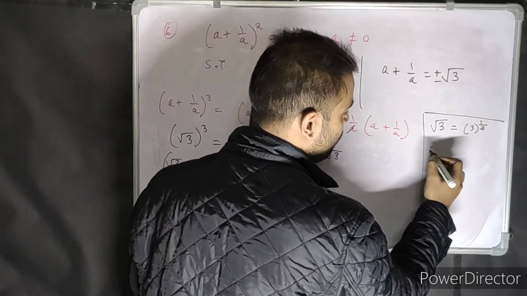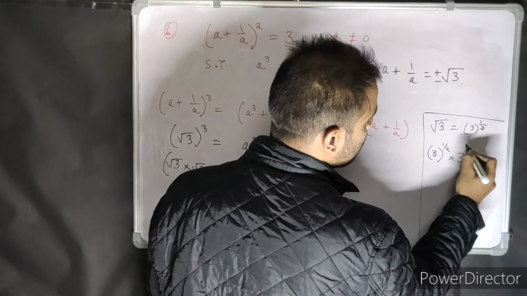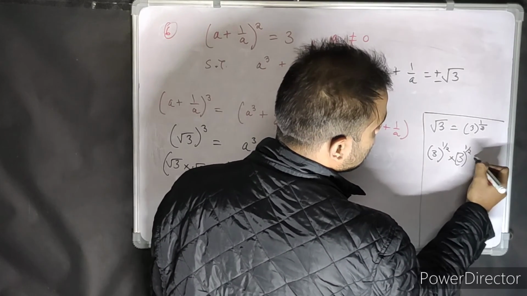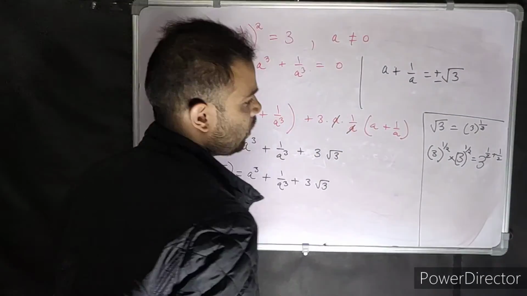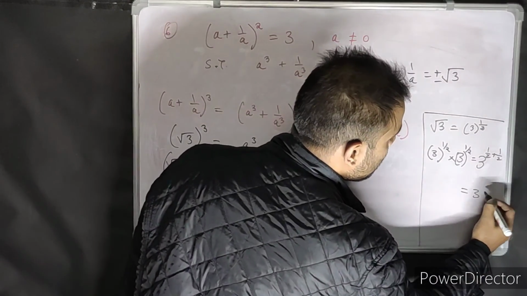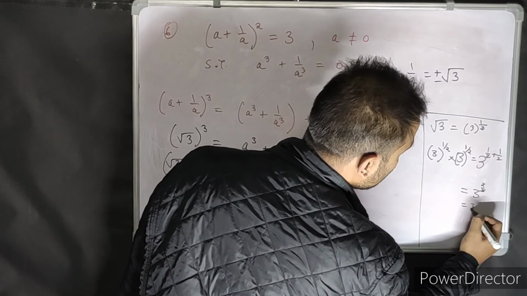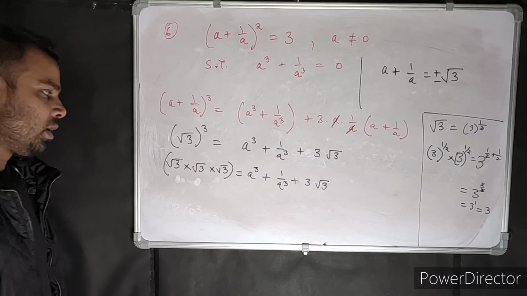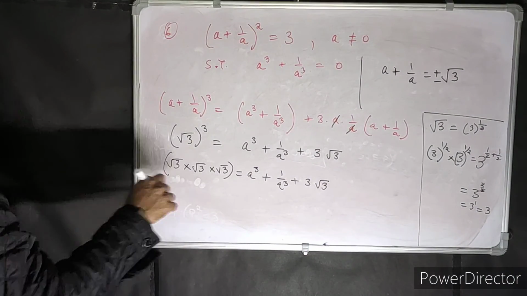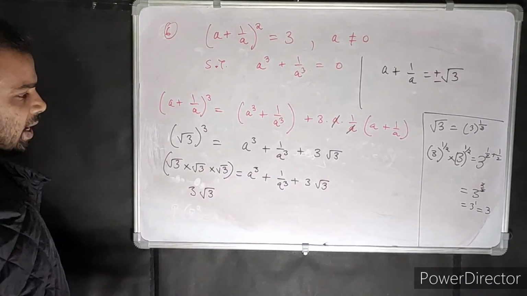So multiplying 3 to the power 1 by 2 into 3 to the power 1 by 2 becomes 3 to the power 1 by 2 plus 1 by 2, which is 3 to the power 2 by 2. That is 3 to the power 1, which is basically just 3. So root 3 into root 3 is 3, and you're left with the root 3 that is there.